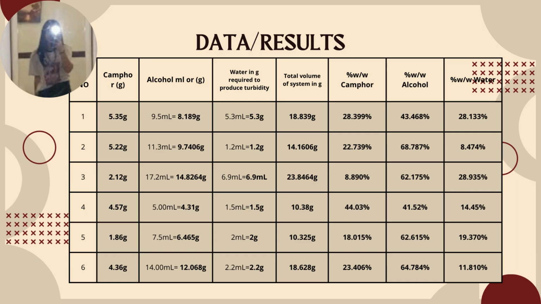So presenting you again the data and results. We have explained how to convert ml to gram for our alcohol and water, how to get the total volume of system in grams, and the process of solving the percentage weight in weight for camphor, alcohol, and water.